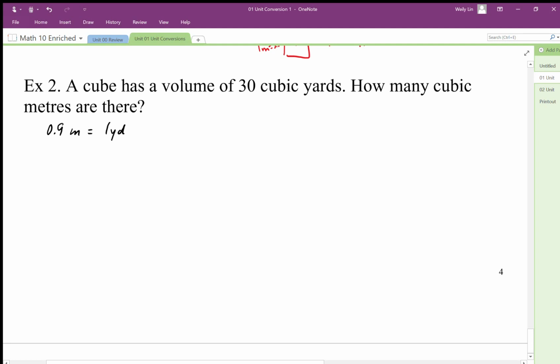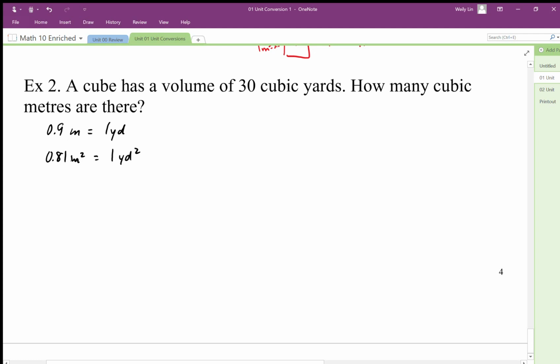Okay, so we have 30 cubic yards, and we want to know how many cubic meters there are. What we can't do is just use this as our multiplier, because linear yards and cubic yards have different conversion factors. Okay, so if I were to compare square meters, it would be 0.81 square meters for 1 square yard.